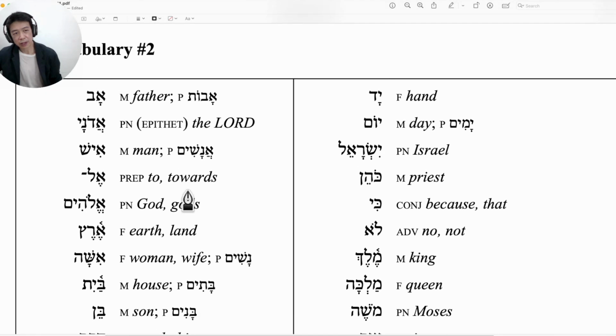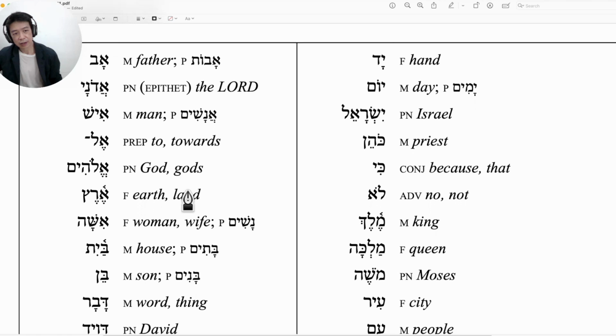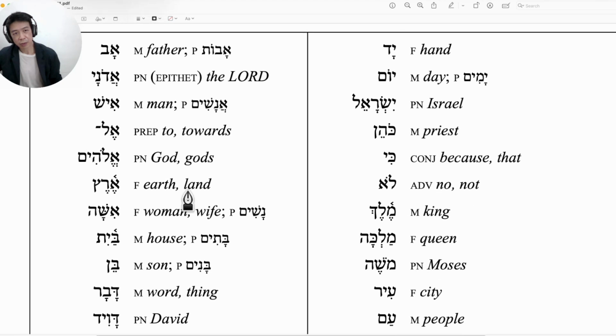The second word is Adonai. It means the Lord. The third word is ish, which means man, for singular man. For plural, it's anashim.